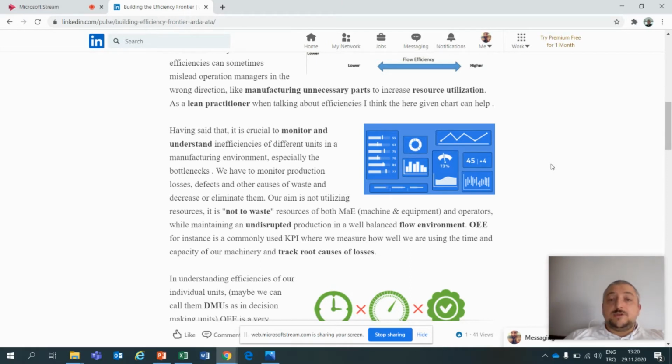You should not waste resources in a bottleneck, and also not in any other process. You also need to understand the root cause of the losses and track them to solve them. Again, our aim is not utilizing resources, but not wasting resources, both machine equipment and operators, while maintaining undisrupted production in a flow environment.